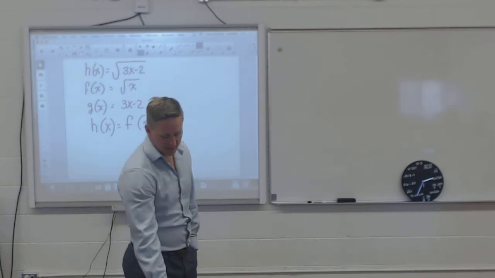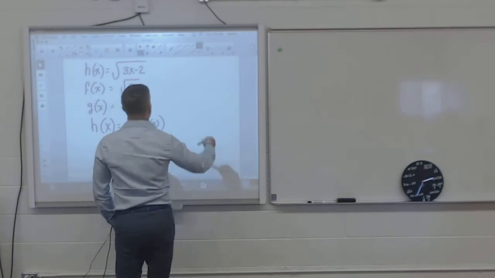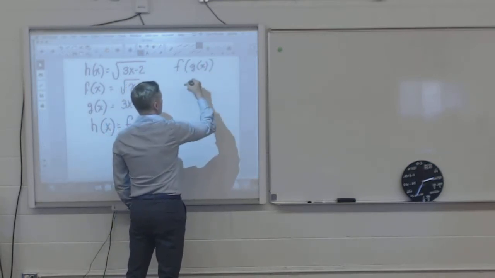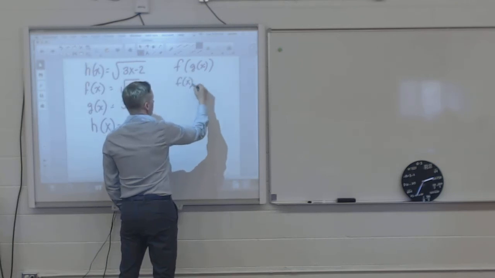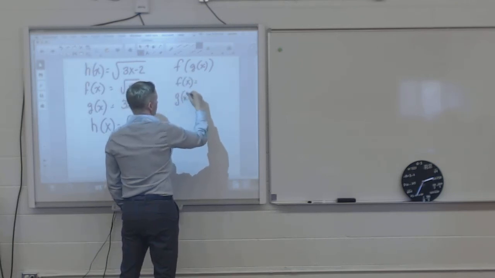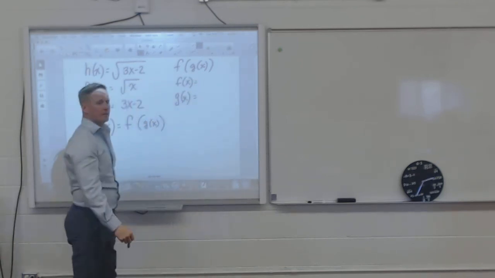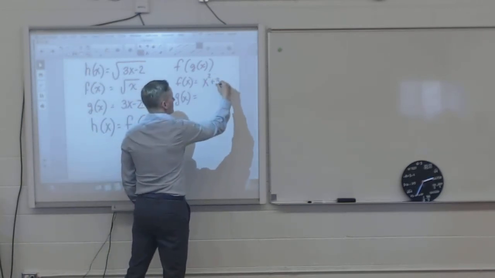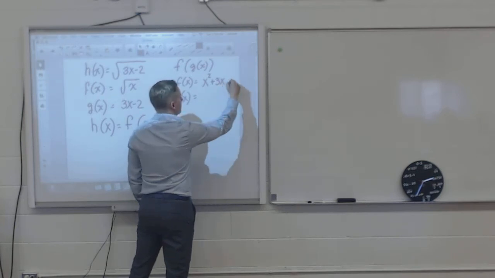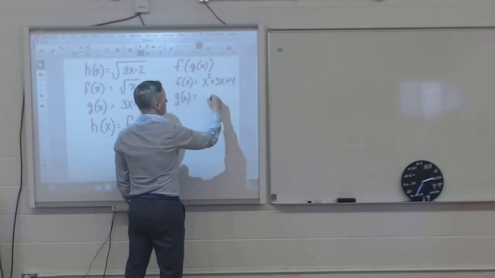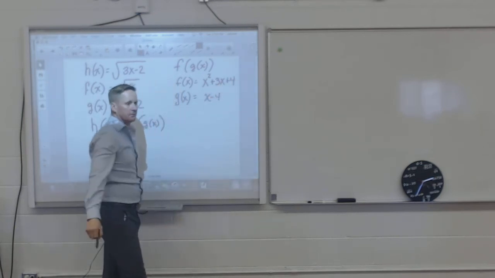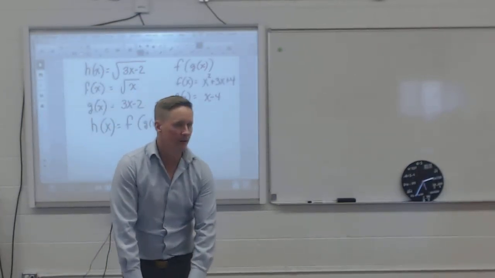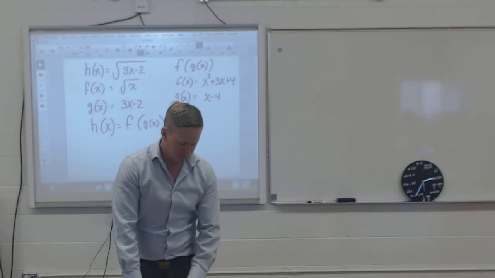Okay, so now if you look in the question, it has to be this way, f of g of x. So what is f of x and what is g of x? f of x is x squared plus 3x. Is it plus 4? Yeah. And g of x is? Minus 4. Good. That's it. That's all there is to that.